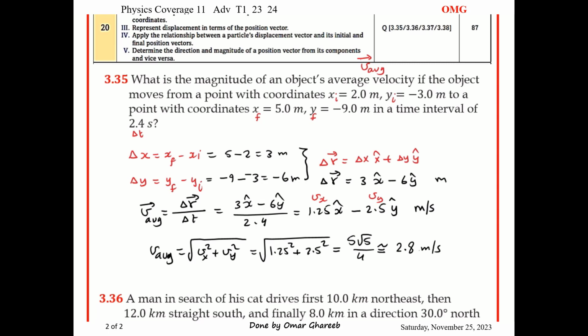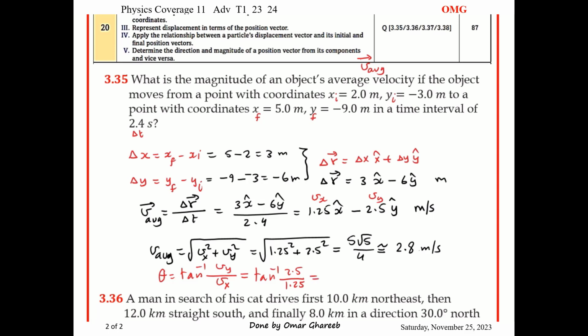If the question asks for the direction of this velocity, just apply tan inverse Vy over Vx. This is additional, it is not requested by the question. Tan inverse, Vy 2.5 and Vx it is 1.25.